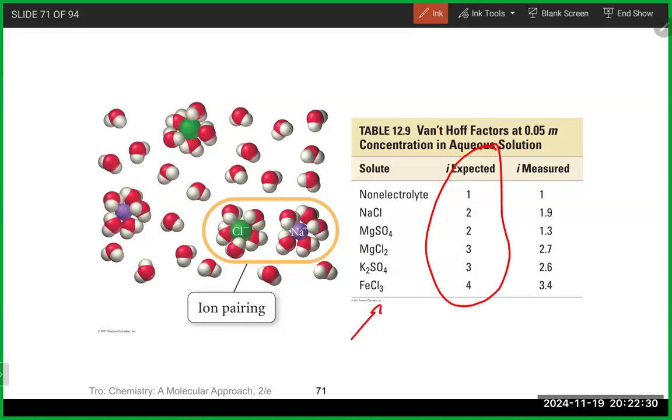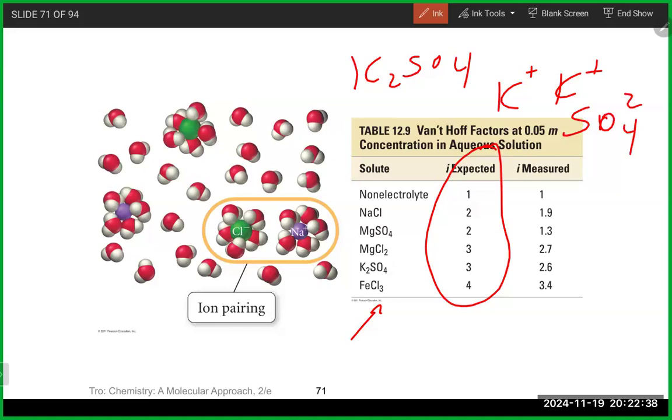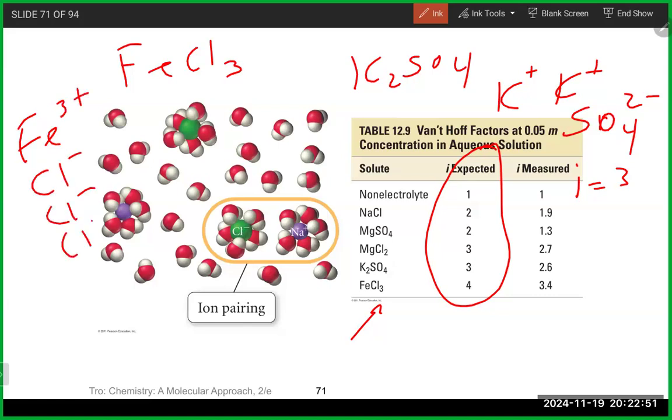So here with K2SO4, you get 2 potassiums and 1 sulfate. That means that the i in this case would be 3. For FeCl3, you get 1 iron 3 floating around, and you get 3 of these chlorides floating around. i would equal 4.